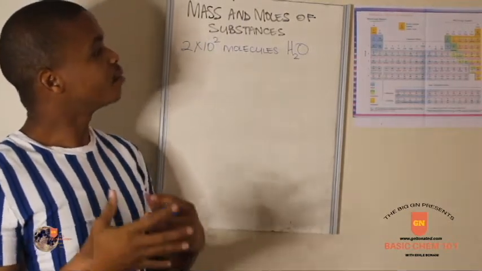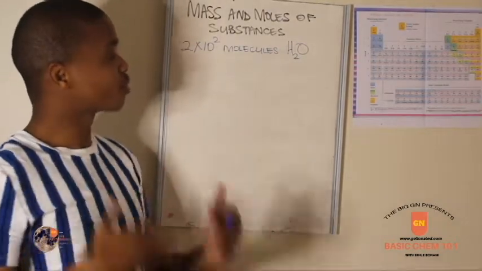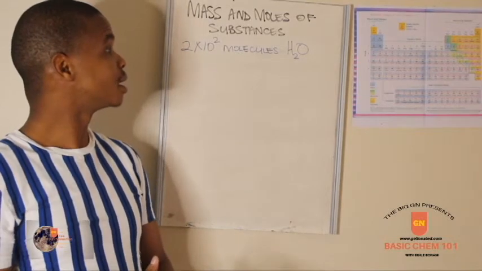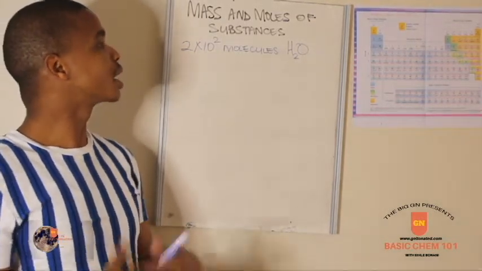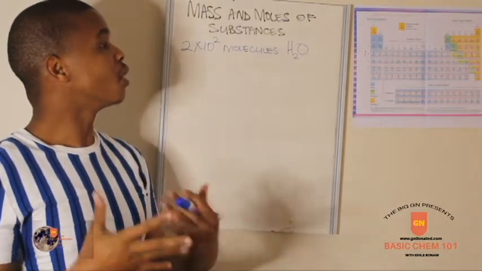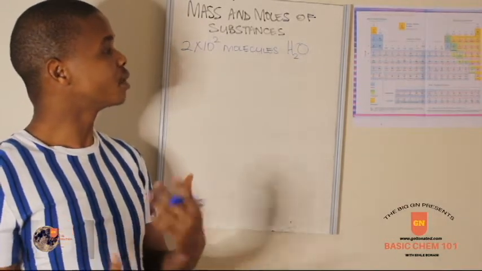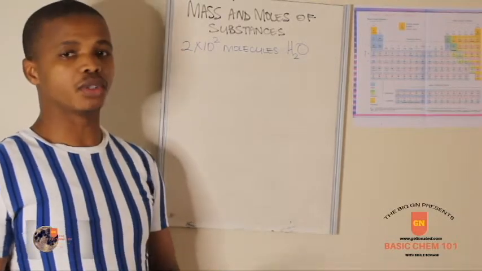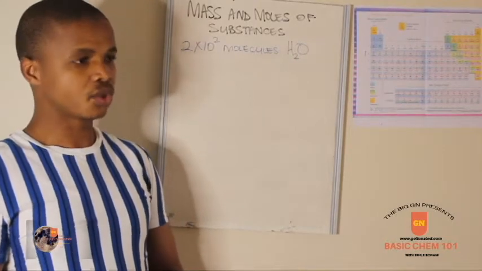So if I am looking for a number of molecules for my reaction or my experiment, it's going to be very difficult for me to individually calculate those H2O molecules in water. Even if you have devices, it's going to take a very long time to calculate those molecules individually.